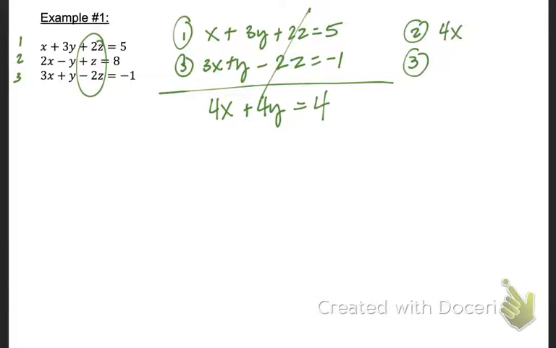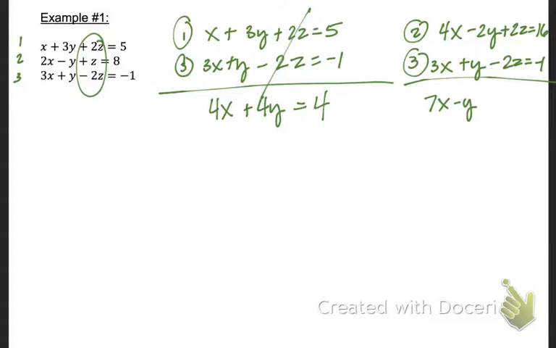So I'm going to write this as 4x minus 2y plus 2z equals 16. Keep this one as is. Now I add down, and I have 7x minus y. Z's cancel, and equals positive 15.